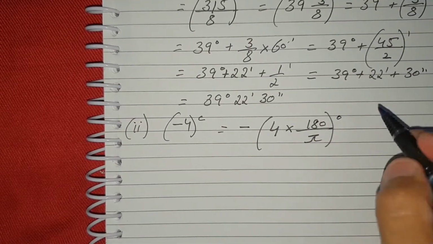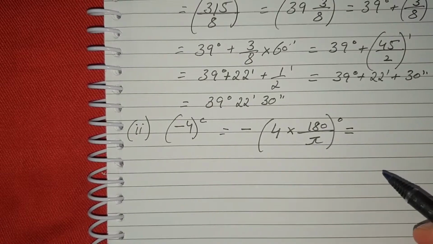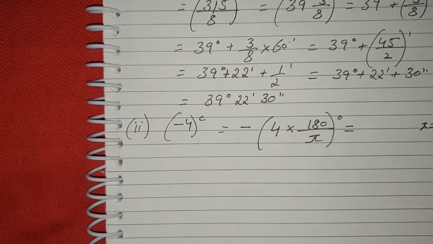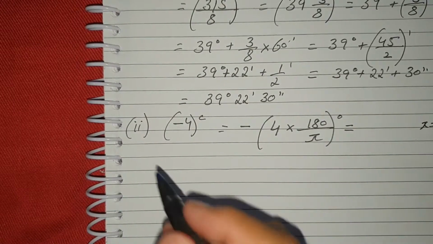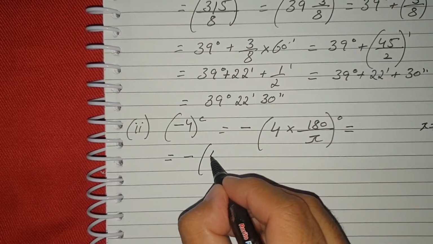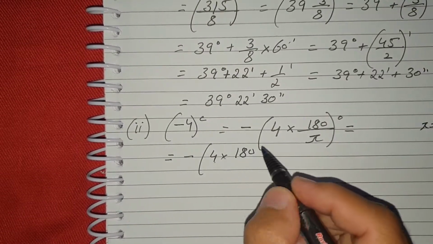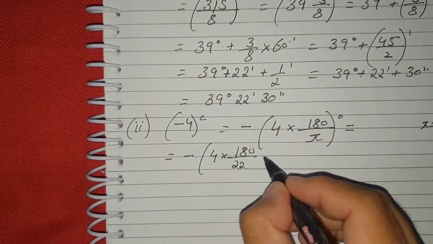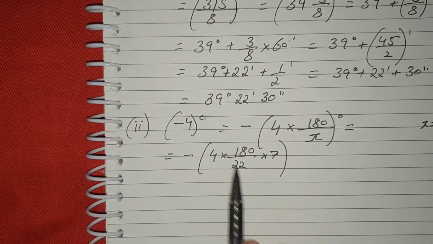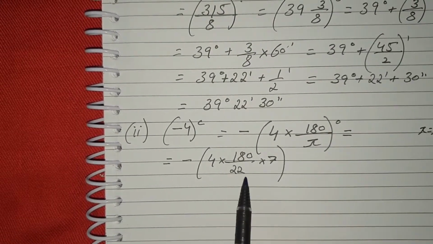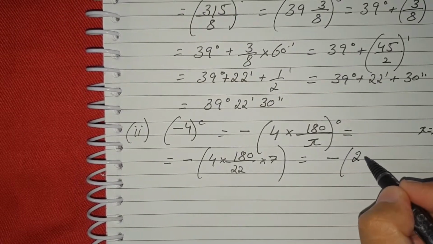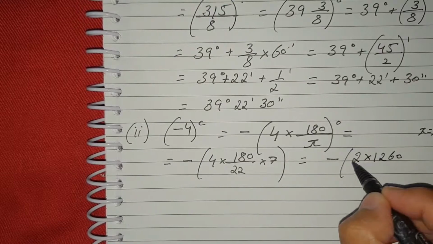Taking pi as 22 by 7, so this will be minus 4 into 180 upon 22 into 7. Now when you solve it, this is 2, this goes 11, this will be minus 2 into 1260 by 7 degree.